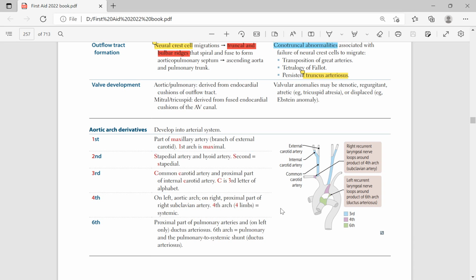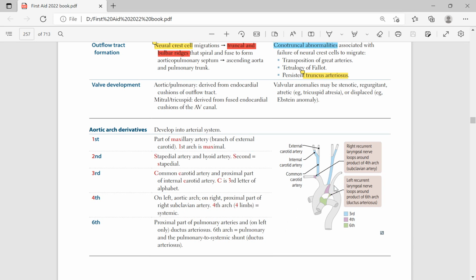Let's go to the fourth aortic arch. On the left, the aortic arch. On the right, the proximal part of the right subclavian artery.